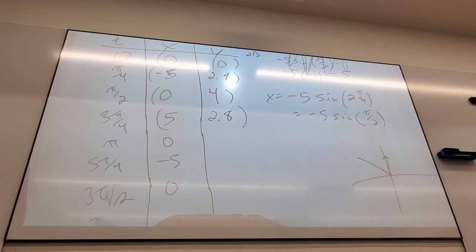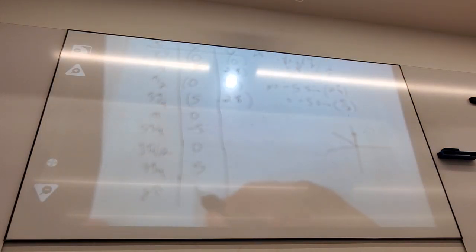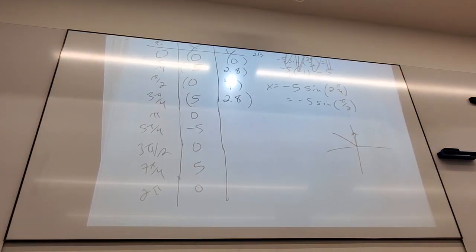Let's see, 7 pi over 4, 5, and then 2 pi, maybe another 0. Okay. Do you guys see, you get to a point where you don't have to do the work anymore, you see the pattern that's happening?